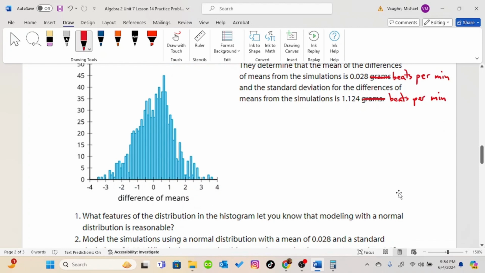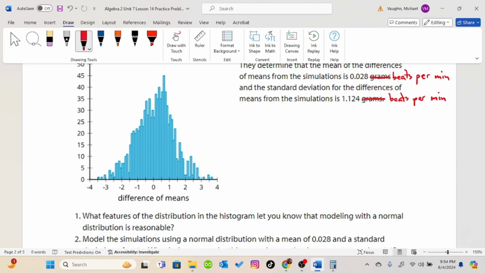So the first question asks, what features of the distribution in the histogram let you know that modeling with a normal distribution is reasonable? And there's 2 features that tell us this.